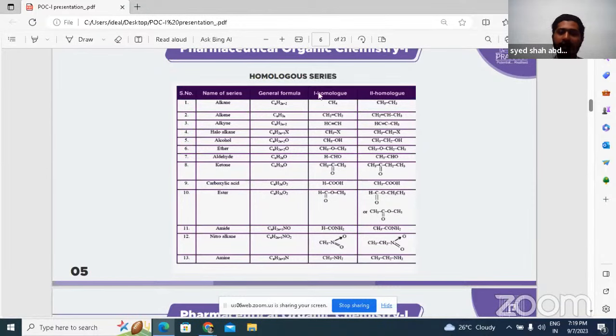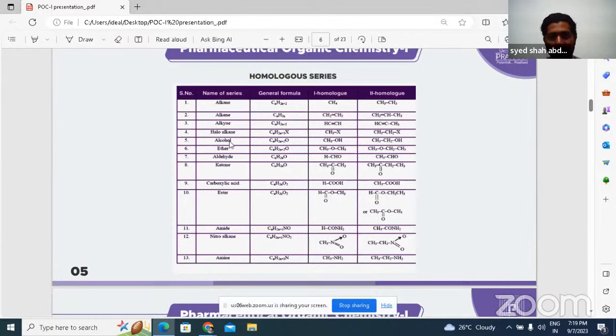It is nothing but a sequence of compounds starting from the one-carbon compound to two carbon, three carbon, four carbon. If it does not have any functional group, we call them alkanes, like methane, ethane, propane. Okay, when there is a double bond, alkenes; then if they have a triple bond, alkynes; when they have a halogen, we call them haloalkanes.